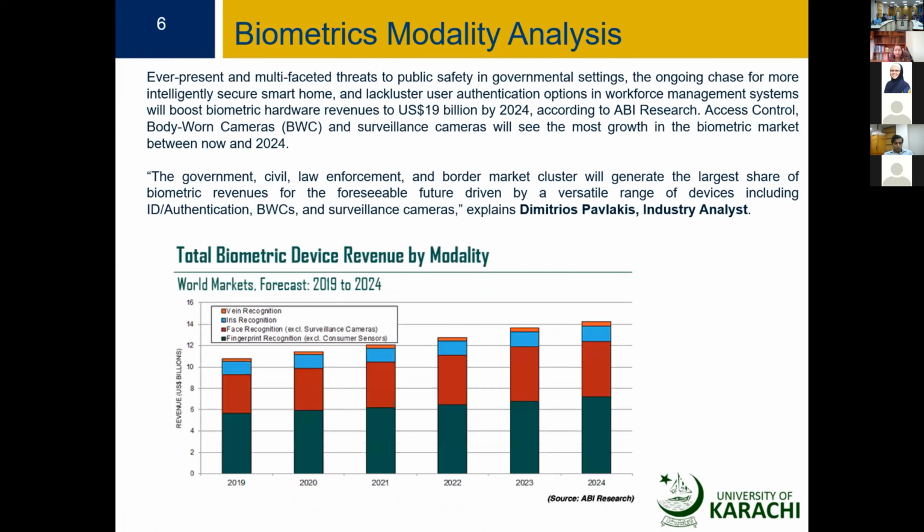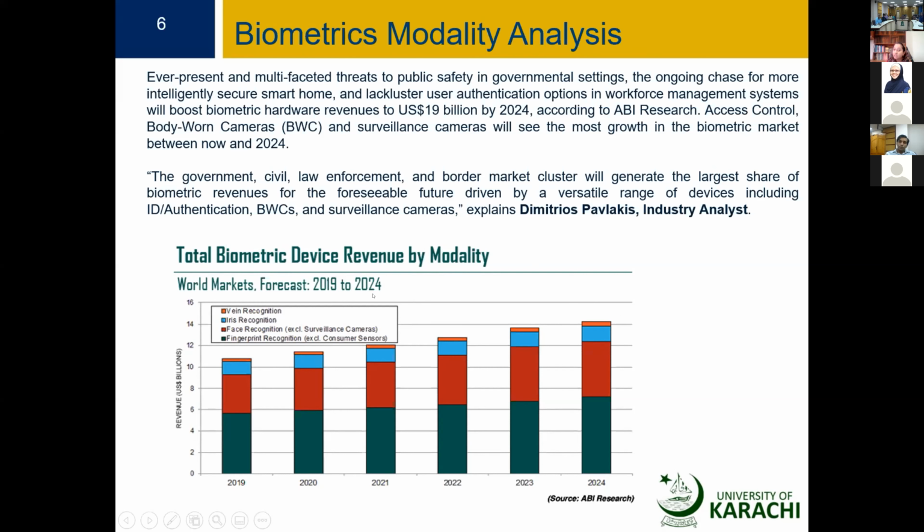If we look at the market trend, we have vein recognition, iris recognition, face recognition, and fingerprint recognition. You can see that the major area, in green, is occupied by fingerprint recognition. The second growing area is now face recognition, because Apple and Samsung have provided this recognition technology in their latest devices.